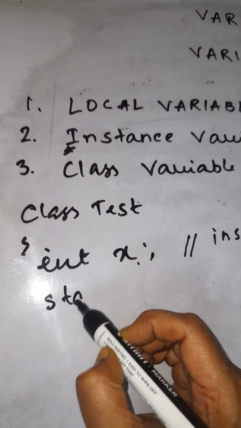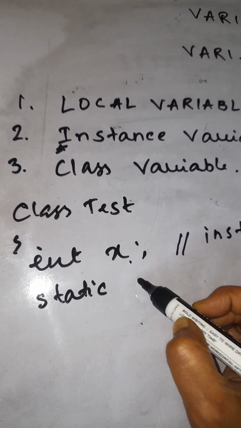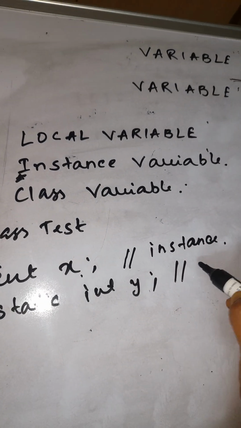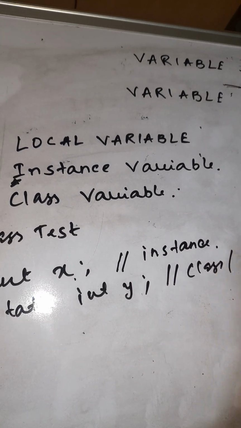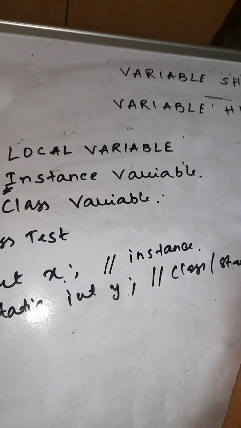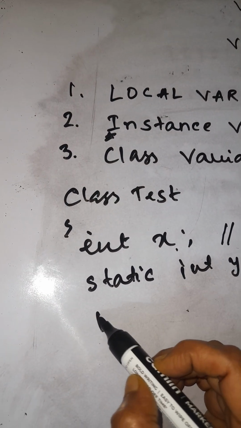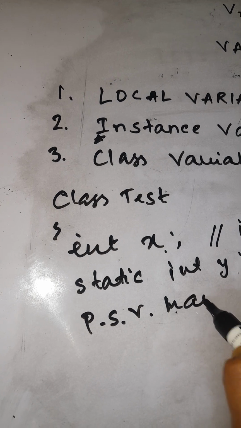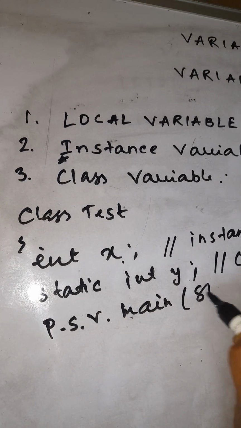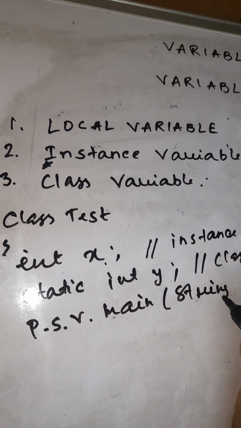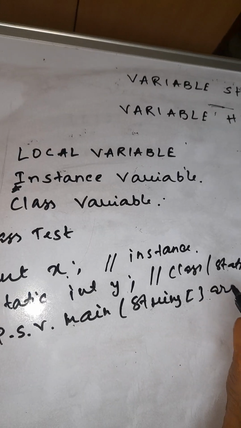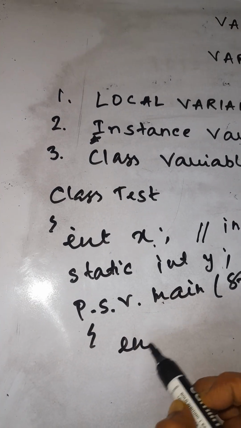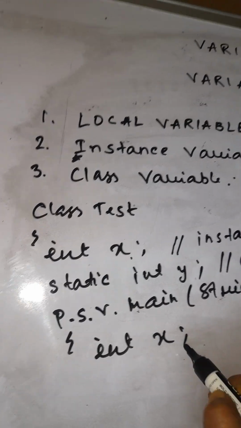If you declare any variable with the keyword static, then that one is known as the class variable or the static variable, right? And maybe within the main function, or within any block or any function, if you want to declare one variable, that one will be known as the local variable.